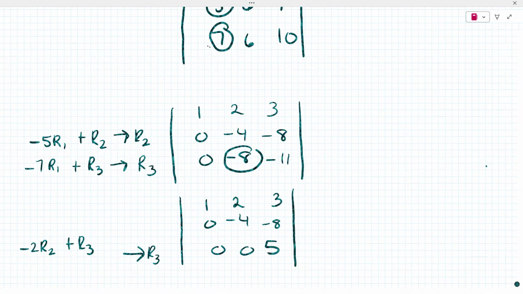So what would be the determinant of this matrix? Well, we have this triangular matrix, with zeros below the diagonal. So you just multiply these diagonal numbers, 1, -4, and 5, which gives us -20.